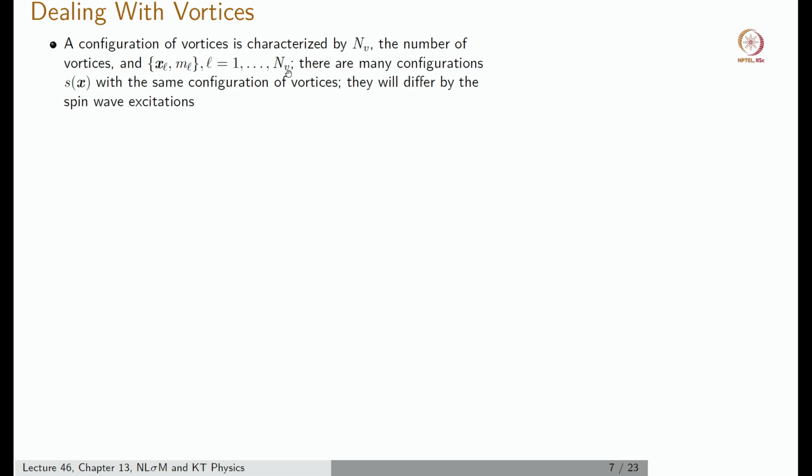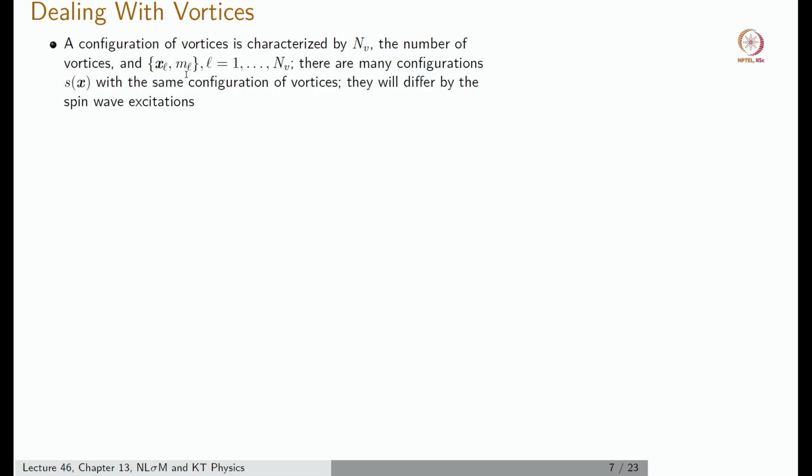Like I said, a vortex configuration is characterized by the number of vortices, which we call NV. You tell me the positions of each of these vortices, l going from 1 to NV, and the vorticity associated with each of these vortices. Now suppose you give me such a configuration, NV positions and NV vorticities.